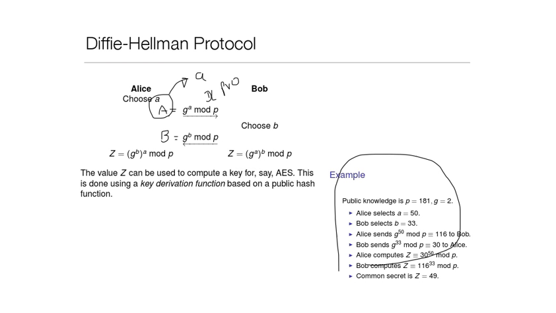So in this way, we can see that there is trust for the value capital A because of the trusted third party we use. So this is called using static keys for authentication in Diffie-Hellman.